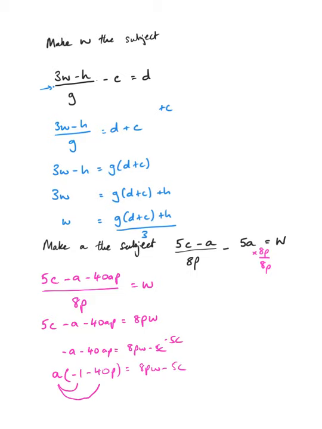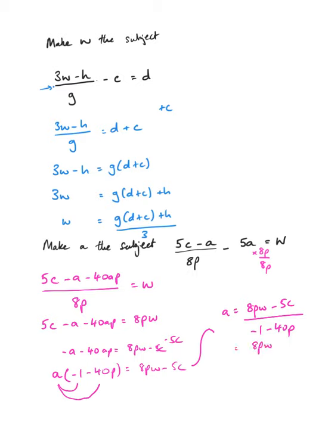So hopefully you can see now, if I divide by that bracket, I'll get a on its own. So a is equal to 8pw minus 5c all over minus 1 minus 40p. But again, we don't really want that minus there if we can.